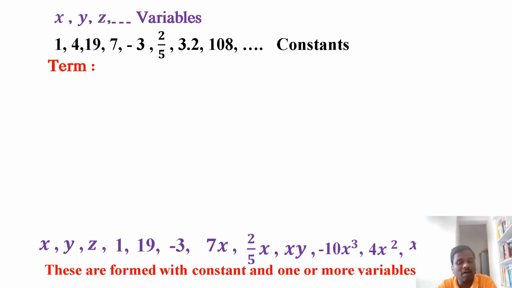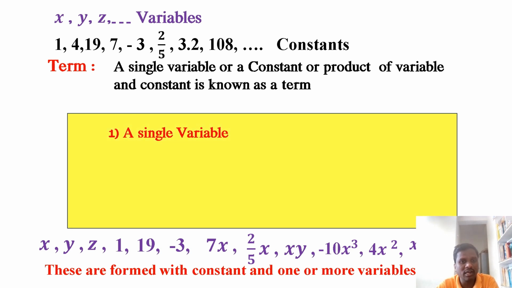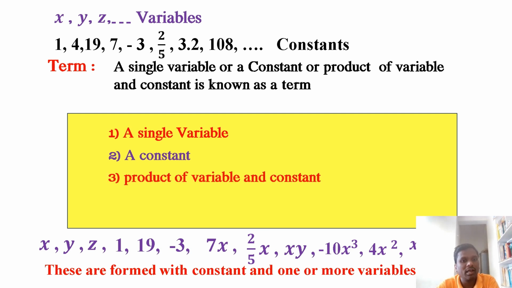Now, what is the definition of a term? A single variable, or a constant, or a product of a variable and a constant is known as a term. A single variable is called a term, a constant is also called a term, and a product of a variable and a constant is also called a term.